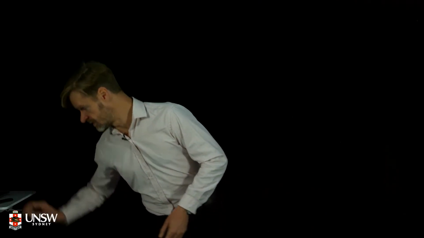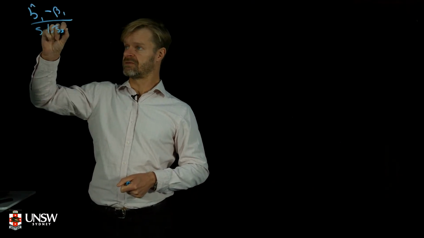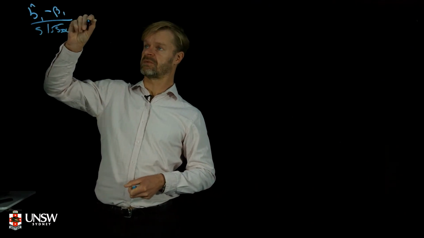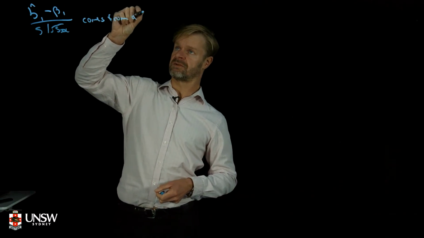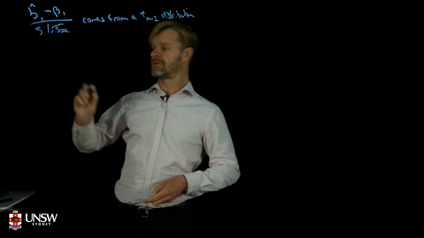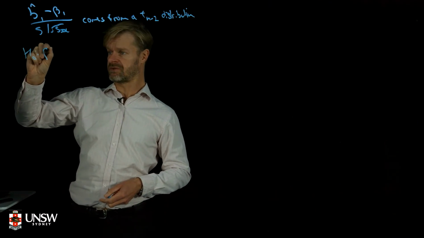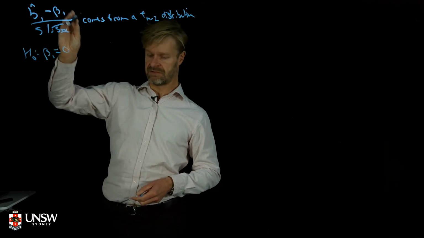So if we're going to test the hypothesis that the true slope is 0, this statistic comes from, let's say, a t n minus 2 distribution. Under the hypothesis that the true slope is 0, we can get rid of that, can't we?